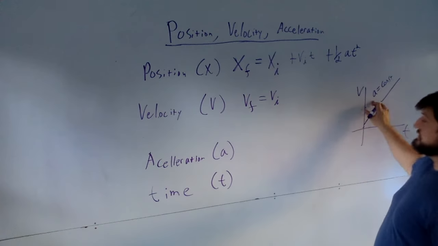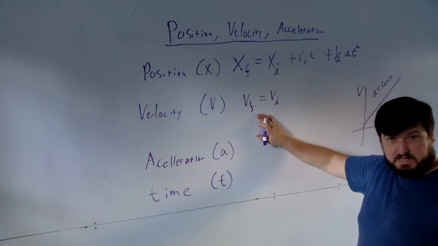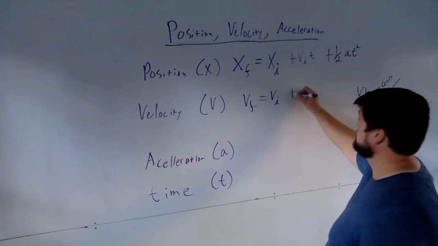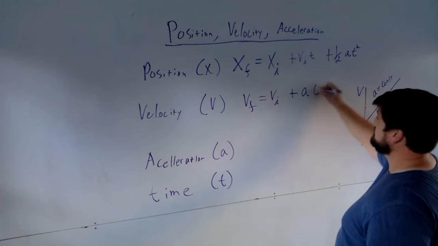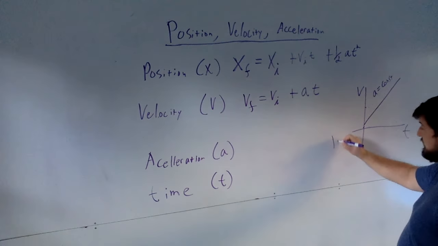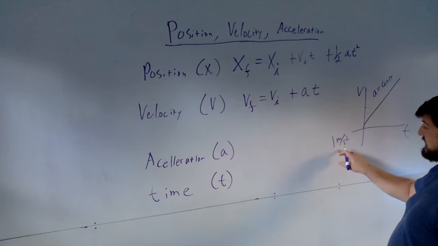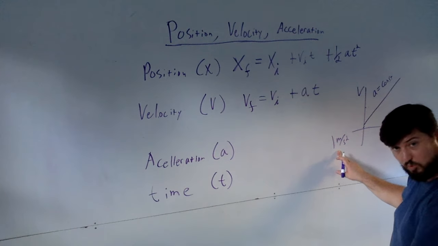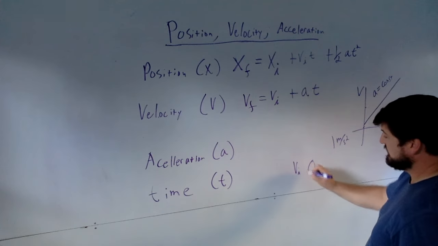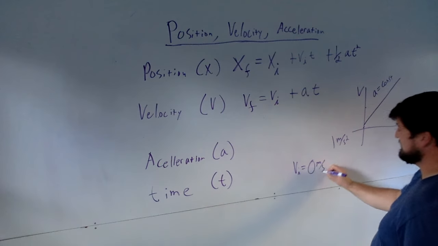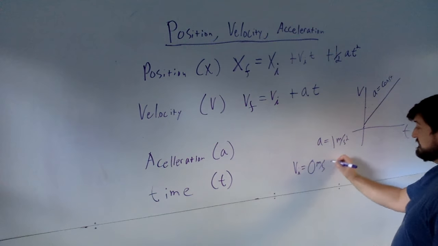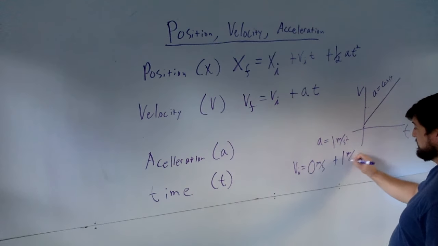So the other thing that you then have to figure out for your final velocity is not just how fast you were going at the beginning, but if you had any acceleration. So it turns out the way you change that is over time, if you're accelerating, right? If you're going 1 meter per second squared, every second that goes by, you're going to be going 1 more meter per second faster, right? So if you start out with an initial velocity of 0 meters per second, and you have an acceleration of 1 meter per second squared, after 1 second, you add 1 meter per second to that, right?